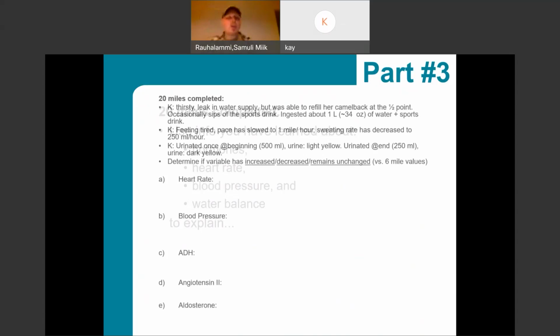And the story, the clinical scenario, the case study that we're being told, tells us that at this late part of the hike, Carla is now starting to feel thirsty, because she's losing that water from her water tank. And even though she was able to fill the water tank at the halfway point of the hike, she is still worried about not having enough water with her.